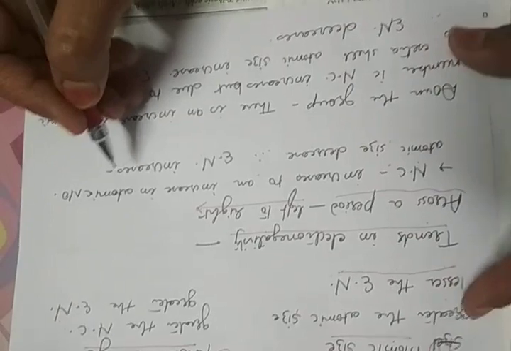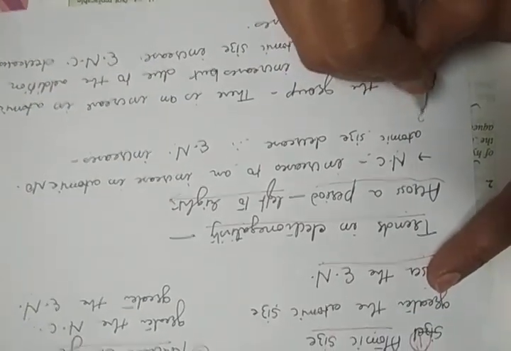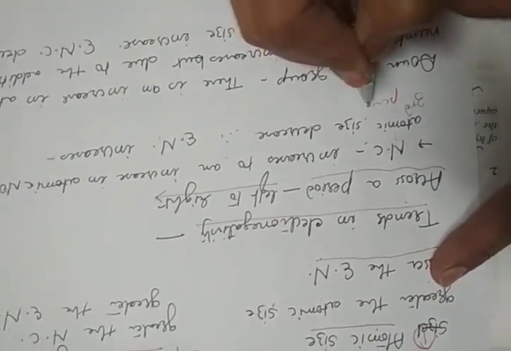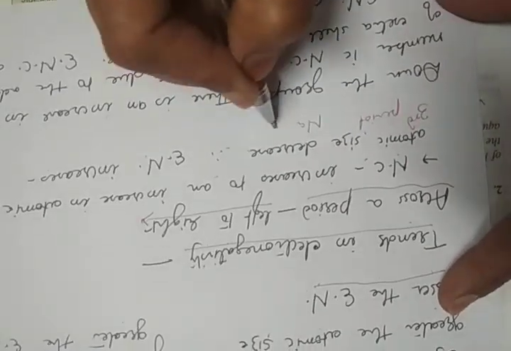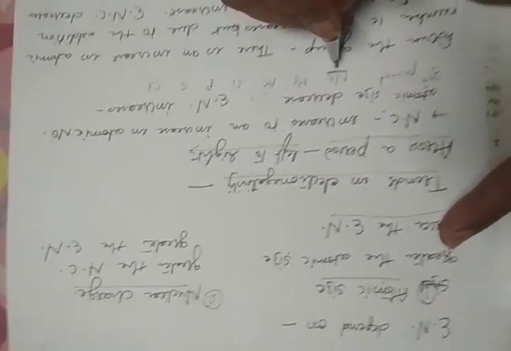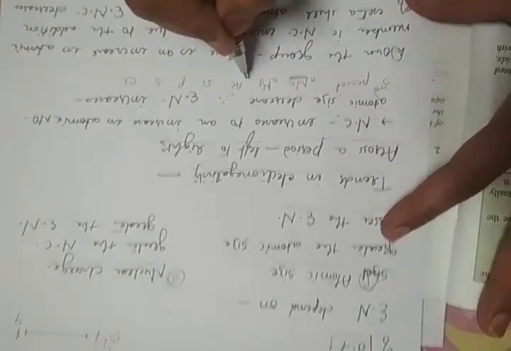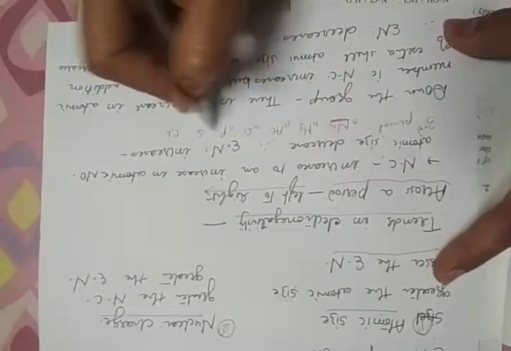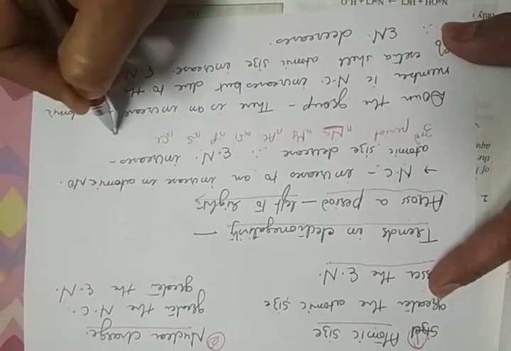Let's take the example of the elements of the third period. It starts from sodium, magnesium, aluminium, silicon, phosphorus, sulfur, chlorine. Sodium has atomic number 11, then 12, 13, 14, 15, 16, 17 and so on.